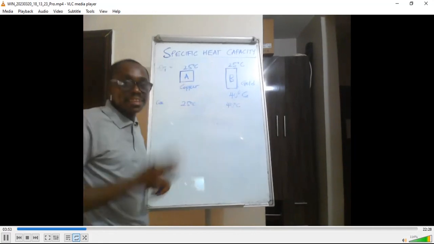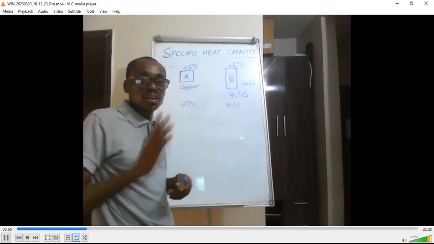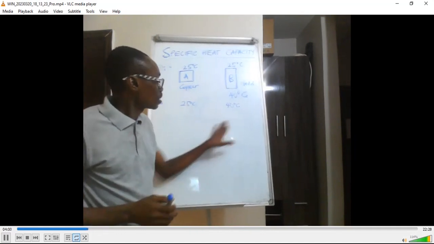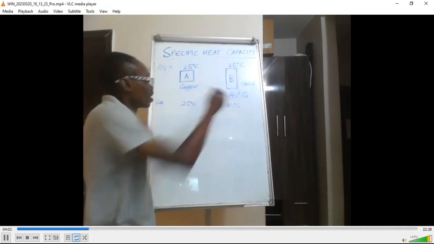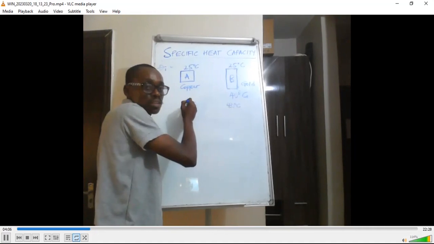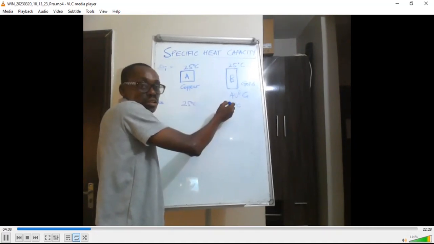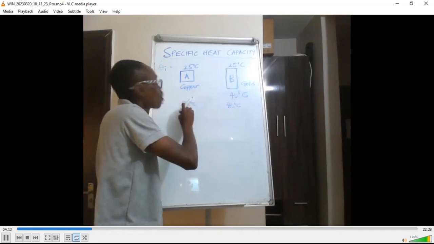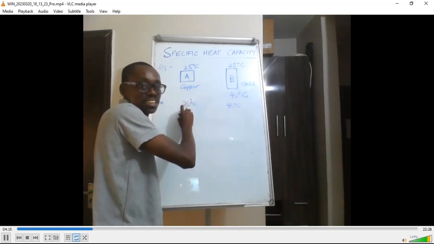So when they are brought in contact with one another, what is going to happen is that gold is at a higher temperature, copper is at a lower temperature. So gold will lose heat while copper is going to absorb the heat.